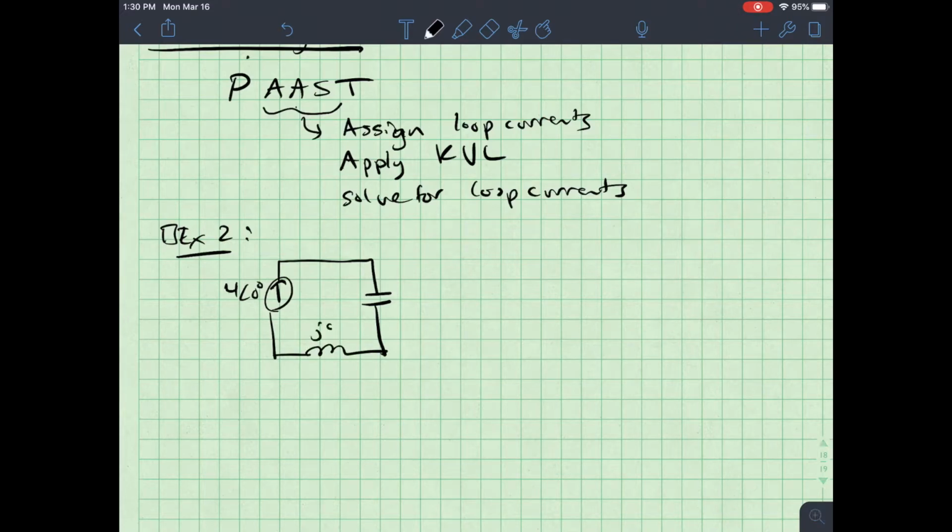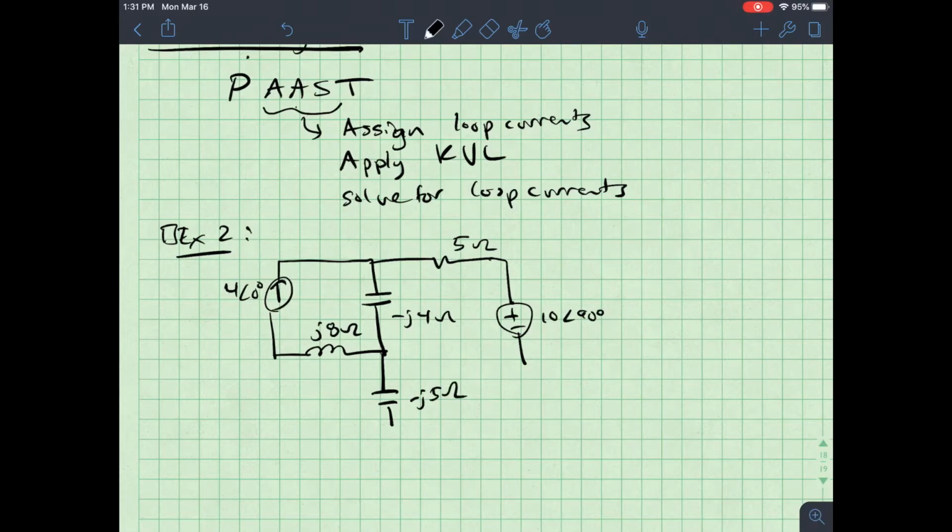I've got a j8 ohm inductor with a negative j4 ohm capacitor. We'll call this one a 5 ohm resistor. We're going to have a source here, which is 10 angle 90 degrees. From the center point, I've got minus j5 ohms. This one's just going to be 10 ohms.